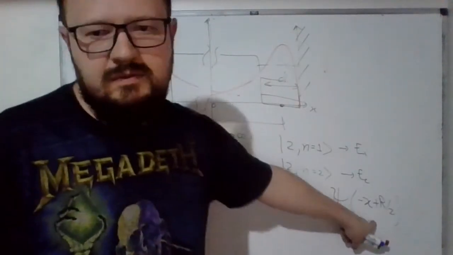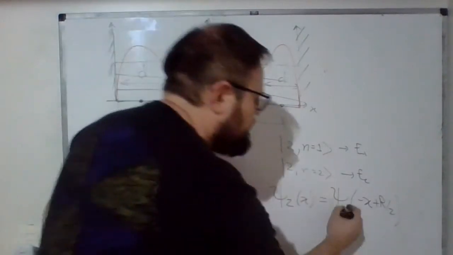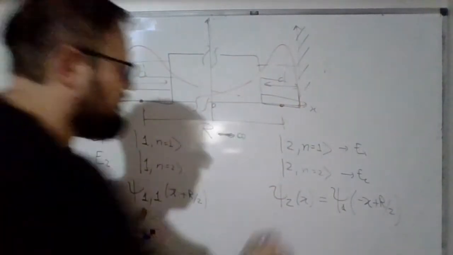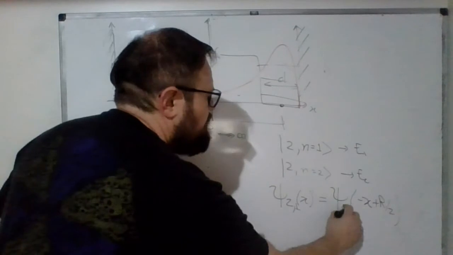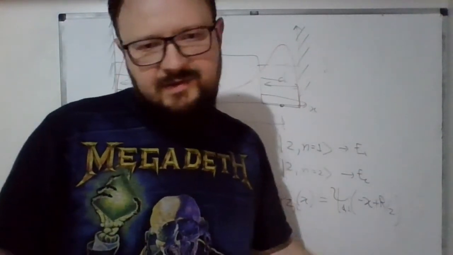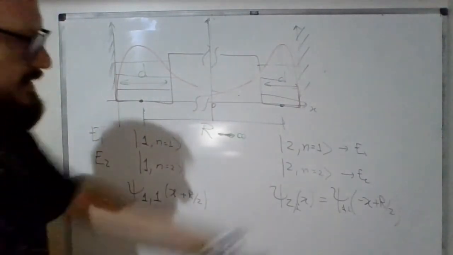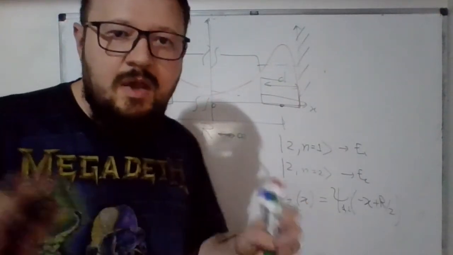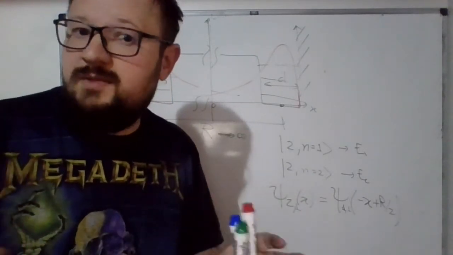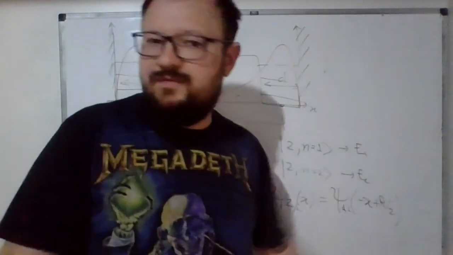But I'll formally say this is just the same as the function 1 for the first level, but dislocated, mirror reflected. This is the wave function of region 2. It's the same orbital. It's just reflected, and displaced by some amount.